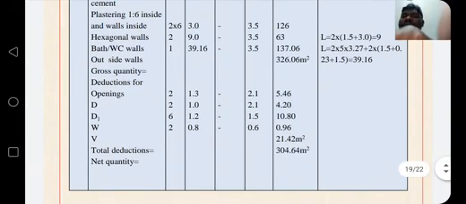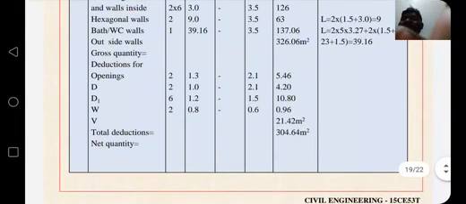Deduction: D, 2 into 1.3 into 2.1; D1, 2 into 1 into 2.1; W, 6 into 1.2 into 1.5; V, 2 into 0.8 into 0.6. Total deduction quantity is 21.42 meter square.